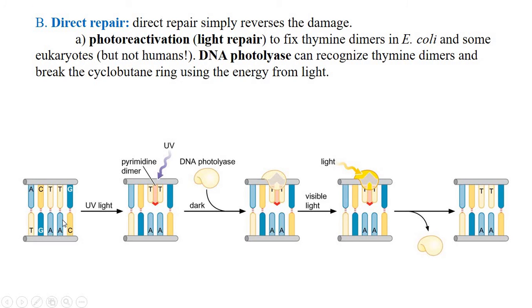So here's the example. This is a DNA molecule. UV light hit and made these thymine dimers, these pyrimidine dimers, because there were two thymines here.